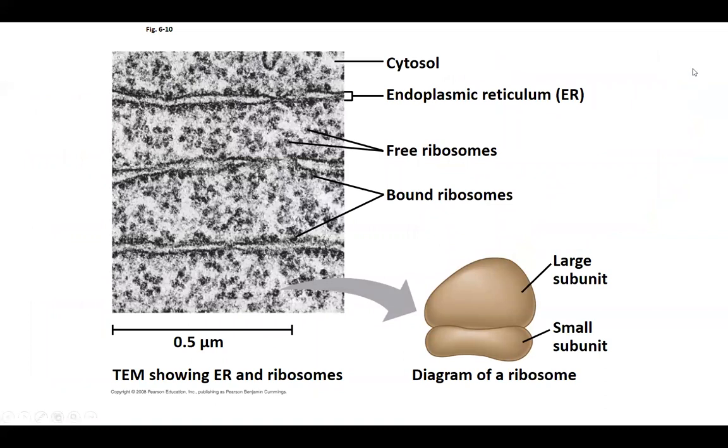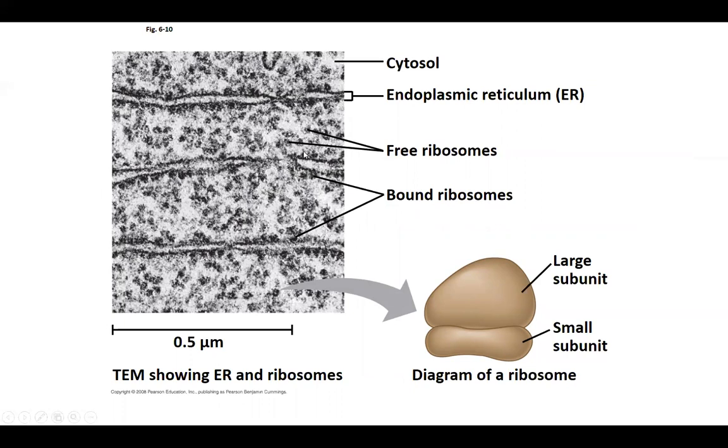Okay. So what we're actually looking at here is a very cool transmission electron microscopy image. We're looking at the endoplasmic reticulum, which we haven't talked about too much today, but we've seen surrounding the nucleus. So this is actually going to be the lumen, this really skinny part. I know it doesn't make sense, but that's the lumen of the ER, and then the membrane on either side.